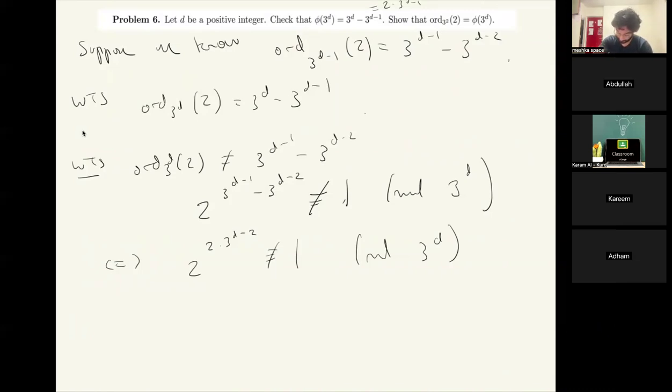But how can we prove this? This is not easy because we want to show that something is not 1, right? That is equivalent to 2 to the 3 to the d minus 2 is not congruent to minus 1 mod 3 to the d. You're saying it's equivalent to showing it is not congruent to minus 1?